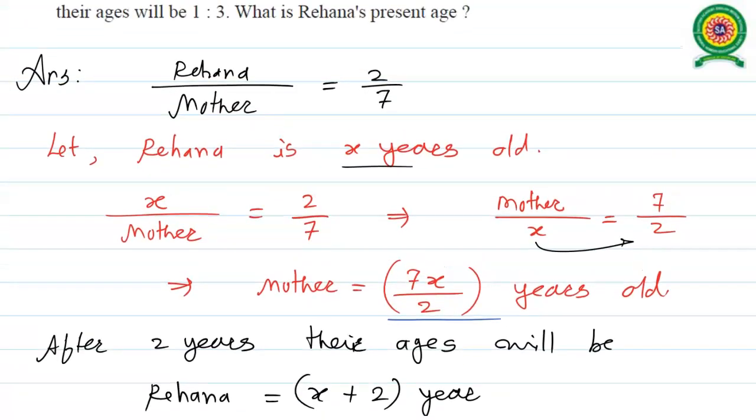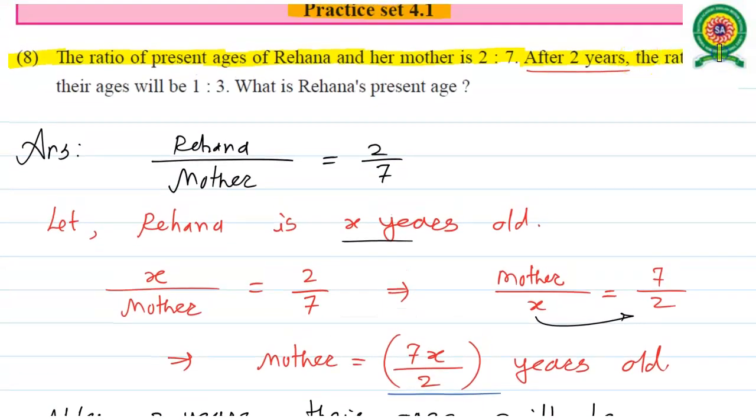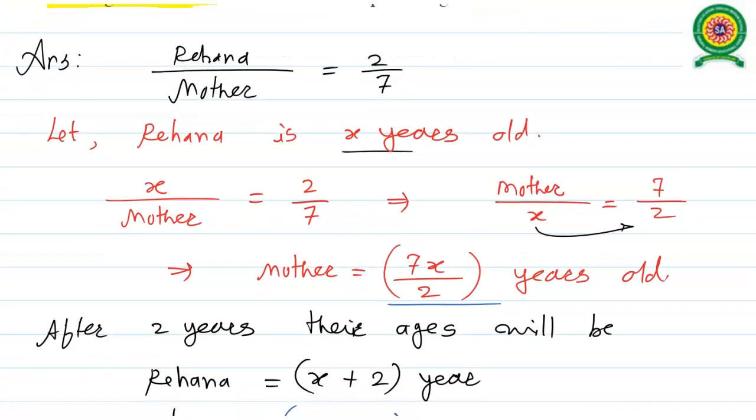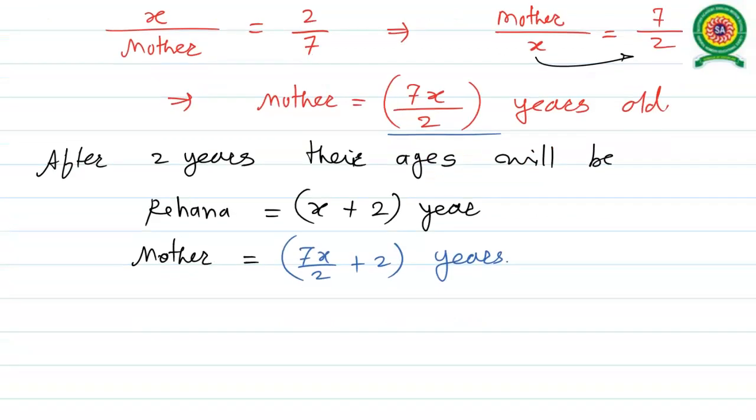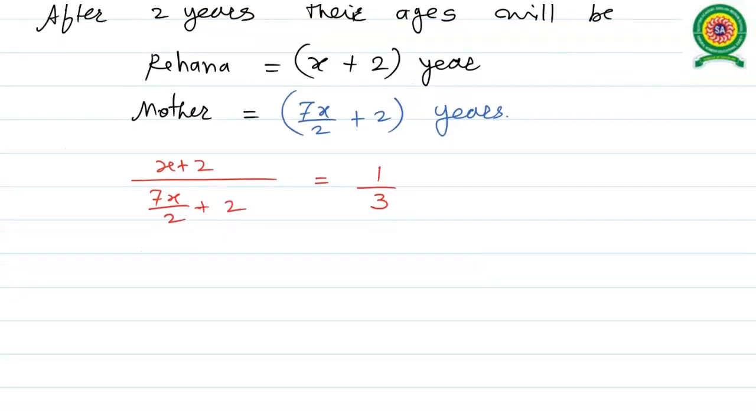Now look at the next statement. The ratio of their ages will be 1:3. So after 2 years their ratio is 1:3, meaning 1 by 3. So now I am writing here, Rehana is x plus 2 years old and 7x divided by 2 plus 2 is the age of her mother after 2 years, that is equal to 1 by 3.